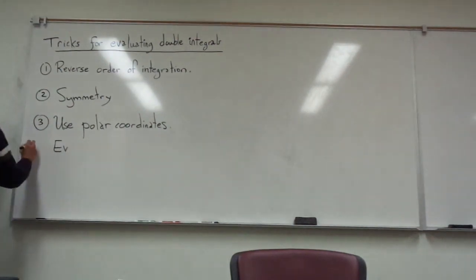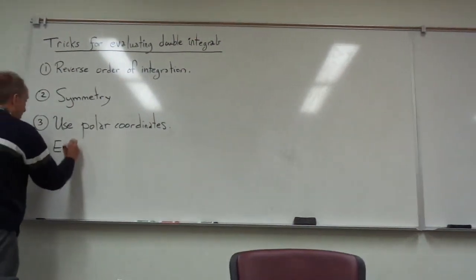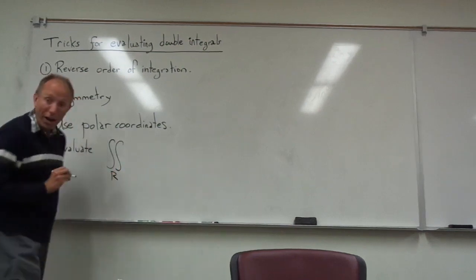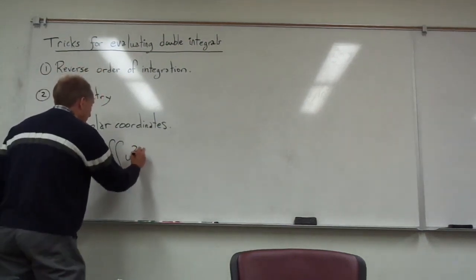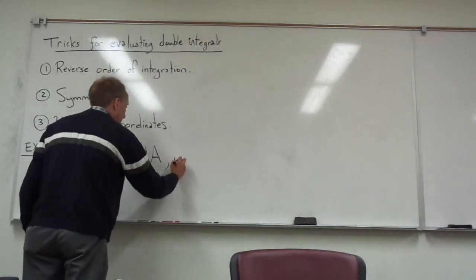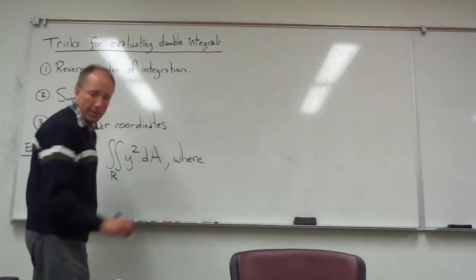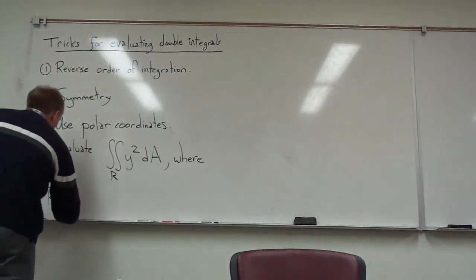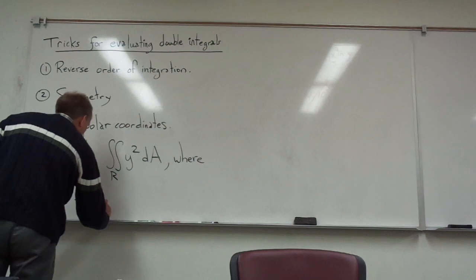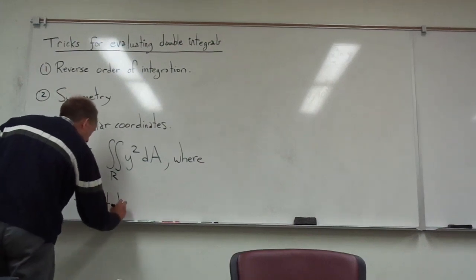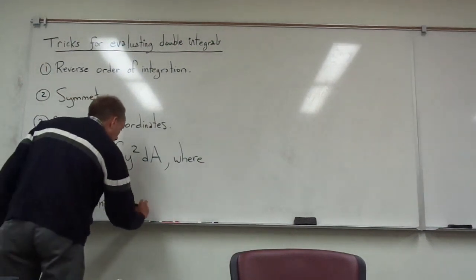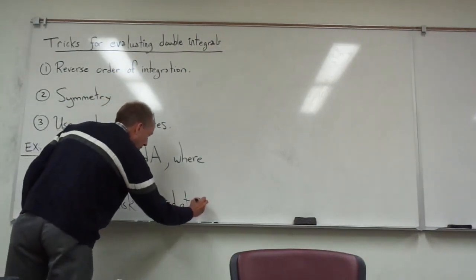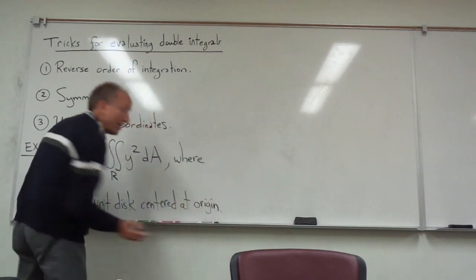Evaluate the double integral over a region R of y squared dA, where R is the unit disk centered at 0, 0. A disk of radius 1 centered at the origin.